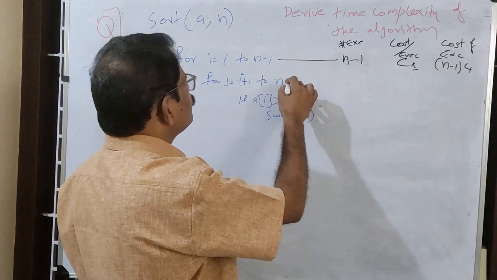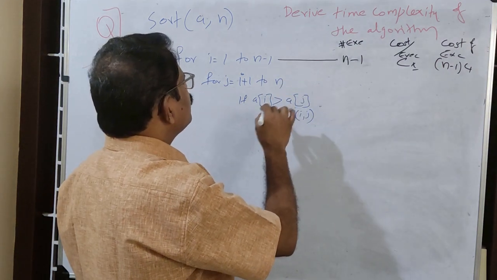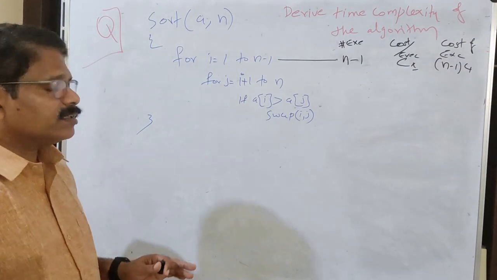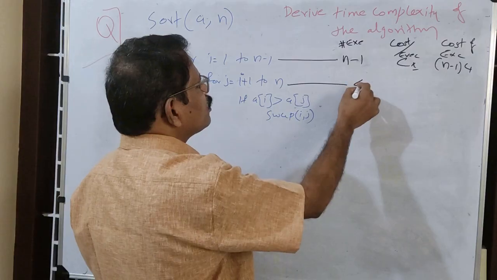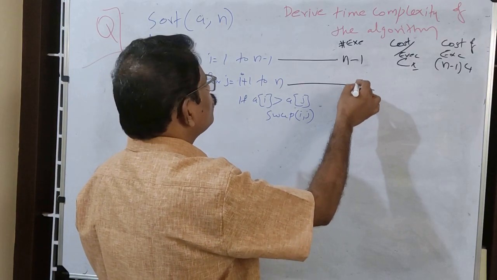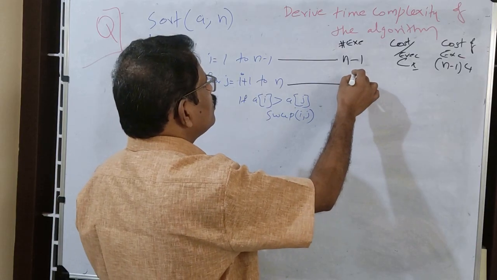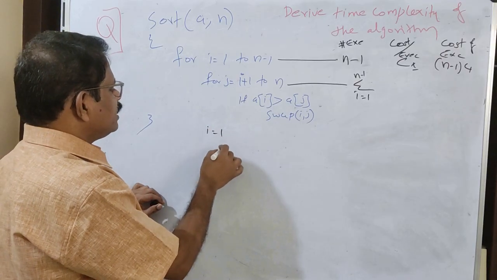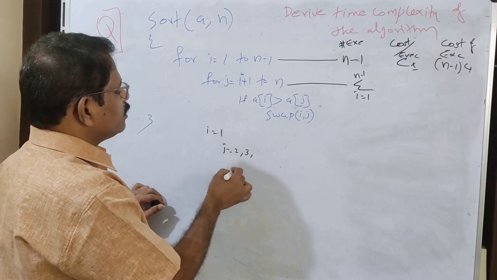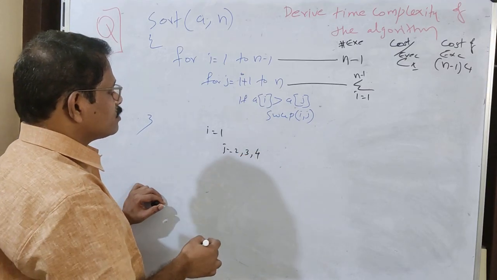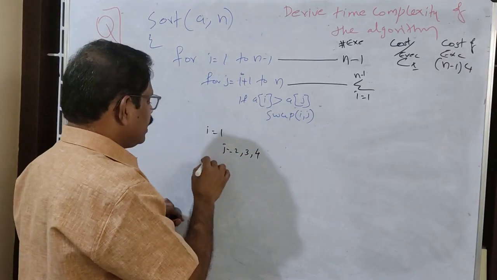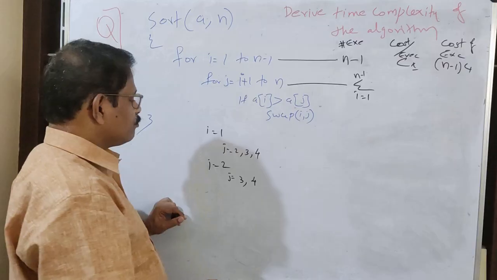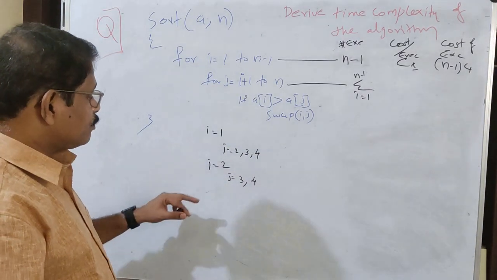And this one, J from I plus 1 to n. We have seen that for every value of I, it works, sigma I equals 1 to n minus 1. When I equals 1, j is equal to 2, 3, 4. That is n minus 1 times. When I equals 2, j varies from 3, 4, isn't it? That means 4 minus 2 times.